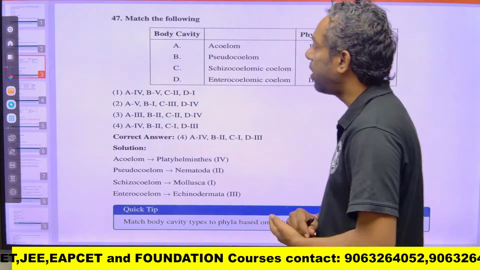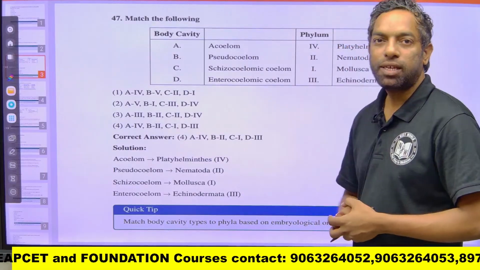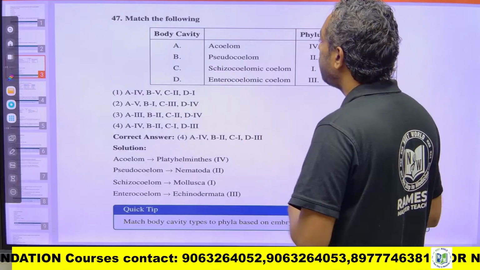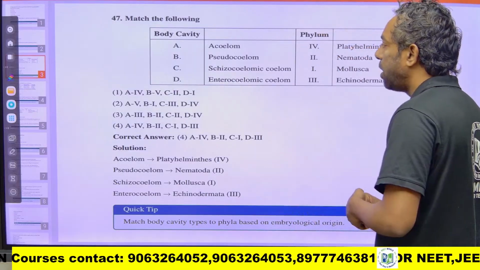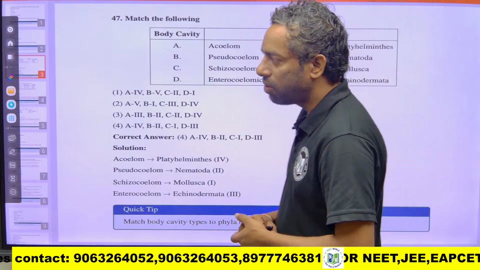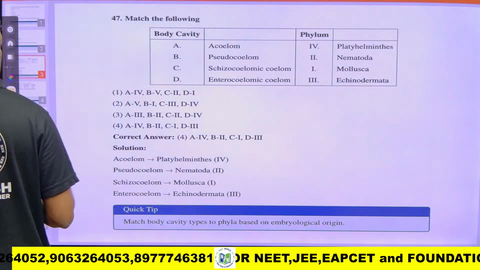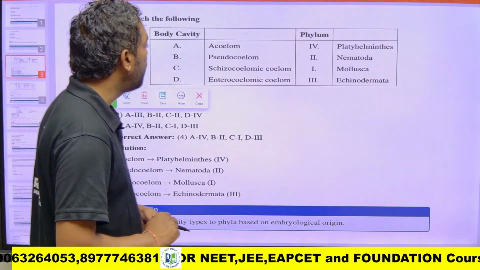Yeah, next question. It is a match the following question, on structural organization in animal diversity: acoelom, pseudocoelom, schizocoelom, enterocoelom. Actually, what is coelom? Coelom is the tube within the tube.